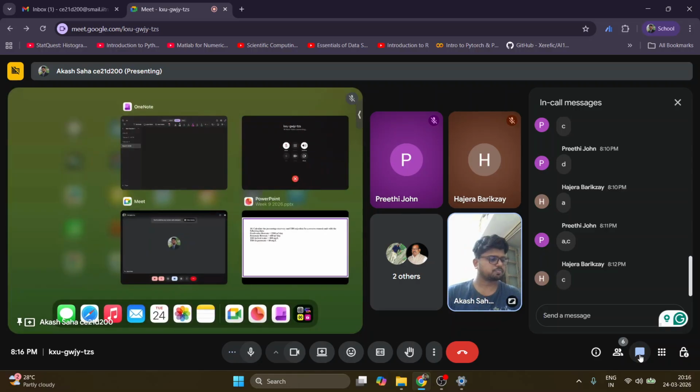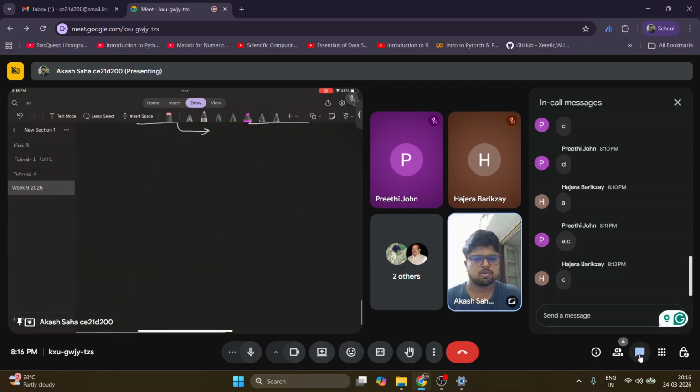Okay, so generally what we do is, just a second. Yeah. So generally the schematic of any membrane unit, we show it like this. Okay, this is how we show a membrane. This defines the membrane part.